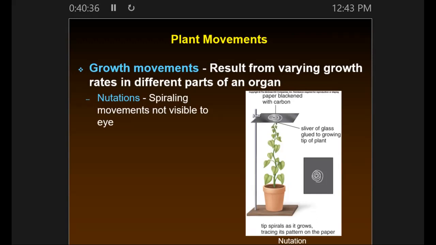And the fancy word for that is nutation, which is that spiral. But if you think about it, it's a good action for, especially vining plants, to take, because they're moving around in space. They're looking for a nearby support of some sort. You know, in the garden you provide a stake, but maybe they are looking for another plant nearby to latch onto.